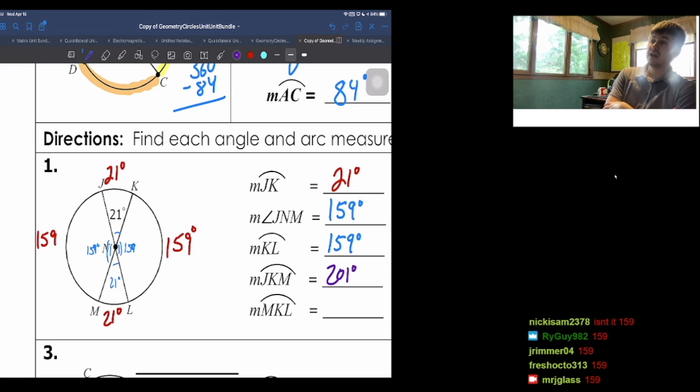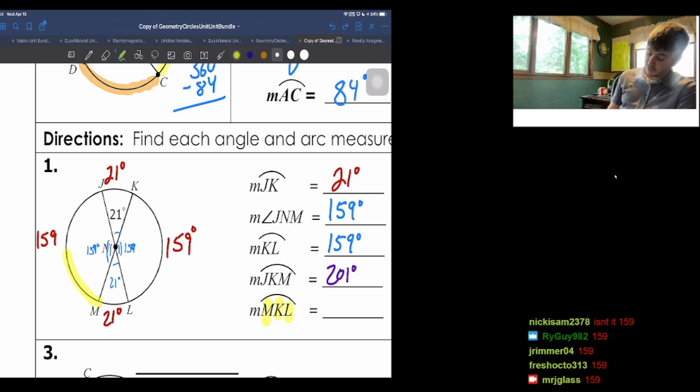So those are really the only ones you've got to look out for, those major arcs, or whatever they give you, because it looks like in the last one, arc MKL. Now notice where MKL is. It's very easy to go in the wrong direction. I can't go this way because I would hit L. So I'm very mindful of all 3 letters at the same time. I'm forced to go clockwise, because if I went this way, I've already gone through L. Can't do that.